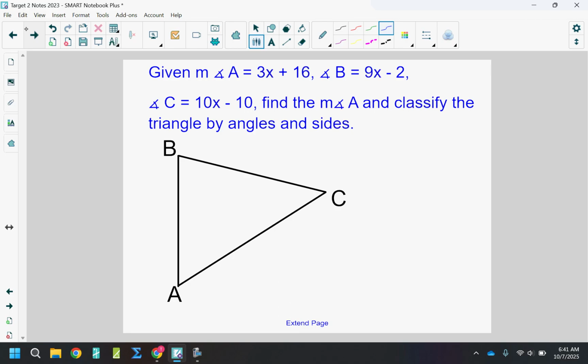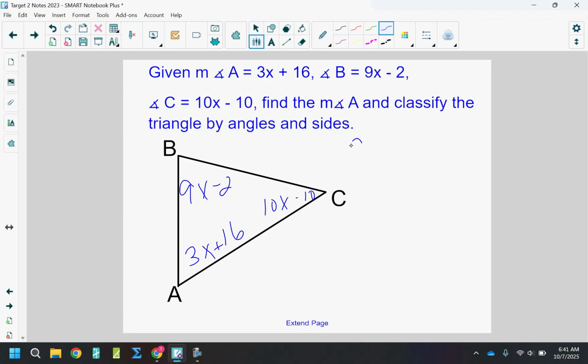So in this first problem, it's giving me all three angles of the triangle, and it's giving them to me in algebraic expressions. So I'm just going to go ahead and label my diagram. And I'm going to use the fact that the three angles of a triangle add up to 180. So this is called the interior angle sum theorem.